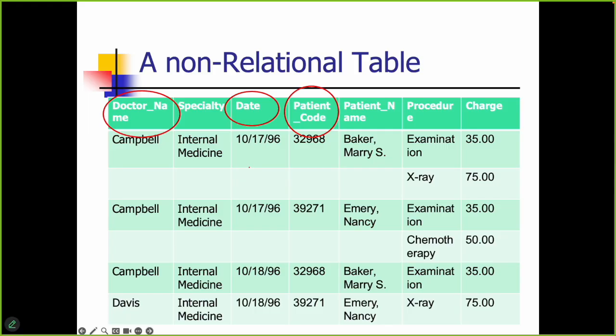So the primary key in this table could be a combination of doctor name, date, and so it should actually be like this. So this is your primary key. Your primary key is composed of different columns, because now patient code, doctor name, date, procedure can be unique, right?